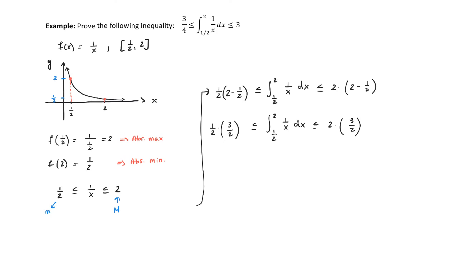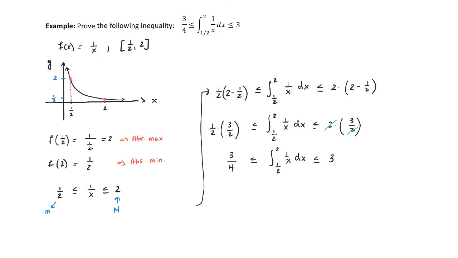So then this is going to say that 3 divided by 4 is going to be less or equal than the integral from 1/2 to 2 of 1 over x dx, less or equal, notice over here that the 2's cancel out, less or equal than 3. And this is exactly what we needed to show.